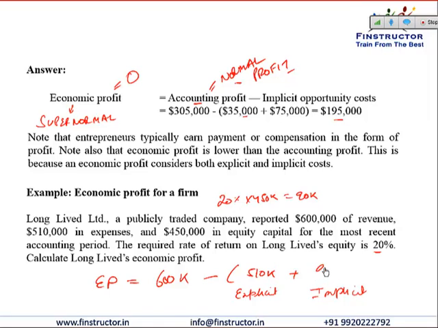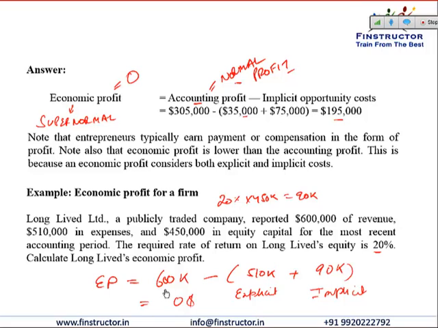They're losing out on $90,000. That is $90,000 this $450,000 would have anyway earned, even if you didn't invest it in Long Lived. Even if you invest in any other company, you would be expecting a return of $90,000, or the funds could have generated $90,000. So the economic profit in this case will be 600 minus 600, that is $0.